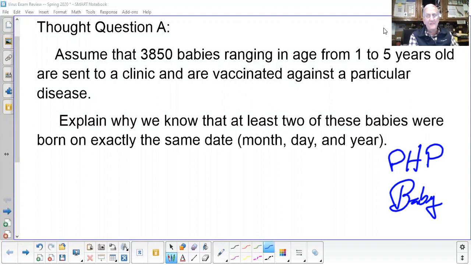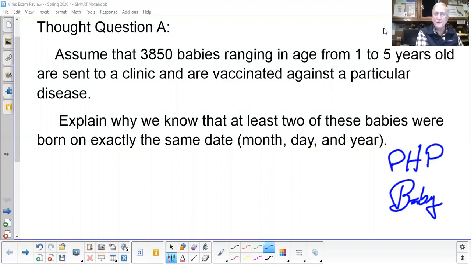So that's 5 different years worth of babies that were born. How many days are there available for these kids to have been born on over 5 years? That's the first thing we've got to figure out.